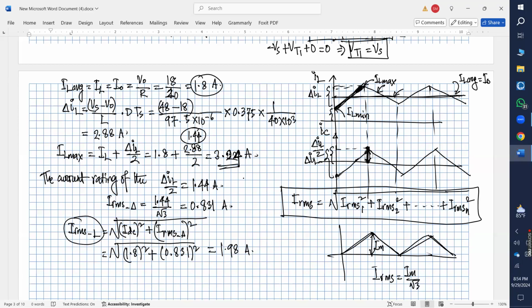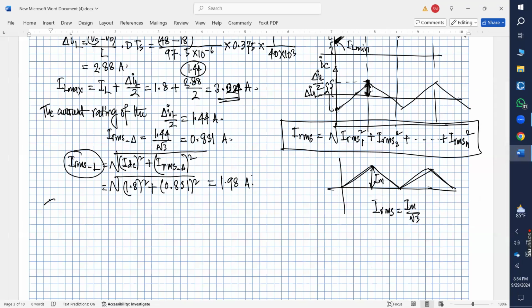So this is the RMS rating of the inductor. So the RMS current rating of the inductor should be 1.98 amps.